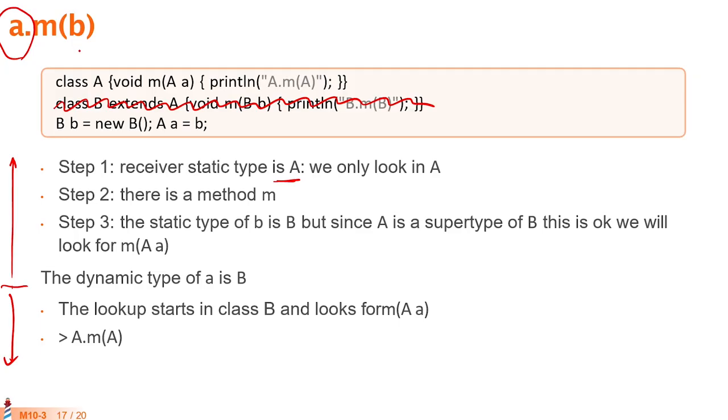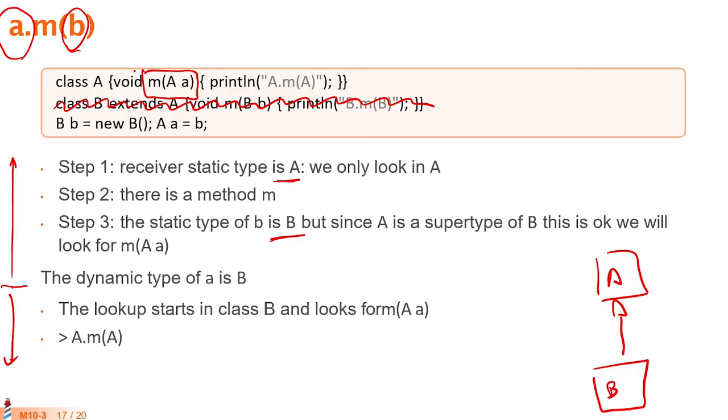And here we want to establish which is the static type of the variable b. The static type of the variable b is the class B. Yes, but remember that we have a subtype relationship between B and A. So all the objects that are instances of B are also of the type A. It is the same as saying that this variable b has the type class B and the class A. And as we are looking for methods with one or the other, we found the one with the signature with the class A as parameter.